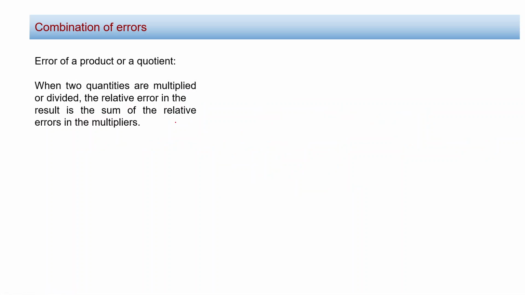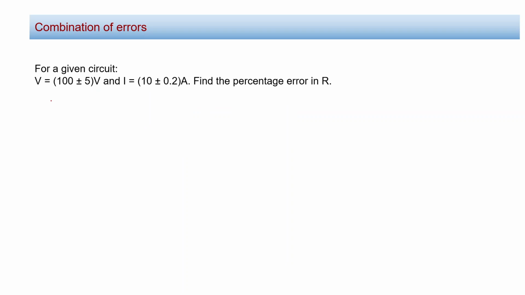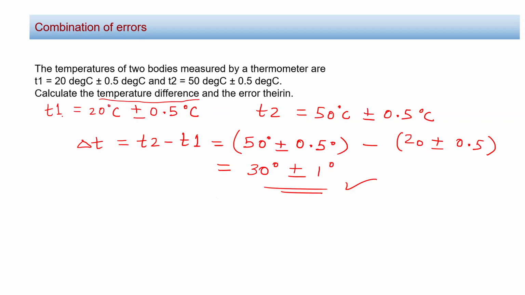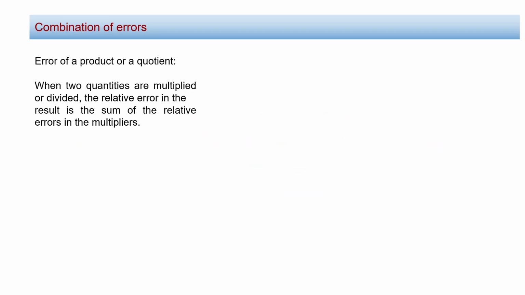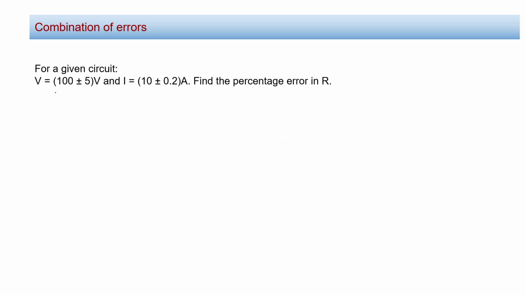Now another rule is about what happens with the error when two quantities are multiplied or divided. When two quantities are multiplied or divided, the relative error in the result is again the sum of relative errors in the multipliers. Let's see with this example. Here we have the voltage value given and the current value given, and we have to find the percentage error in resistance.